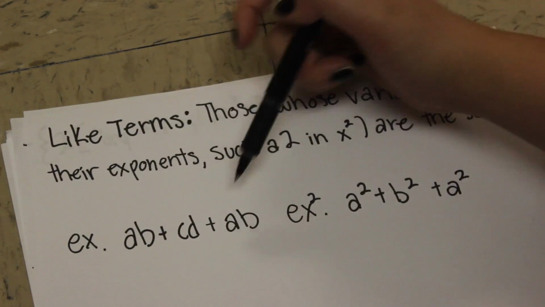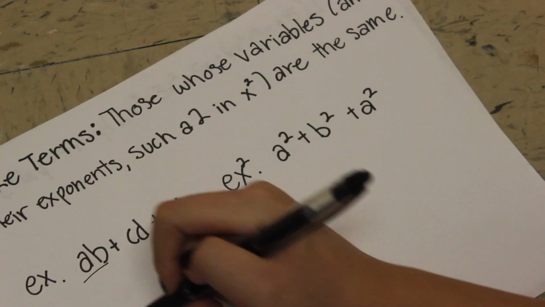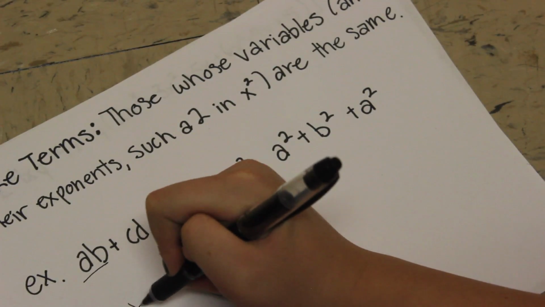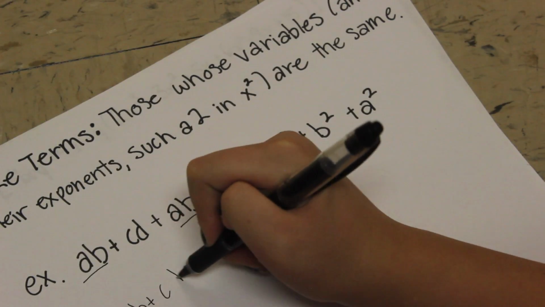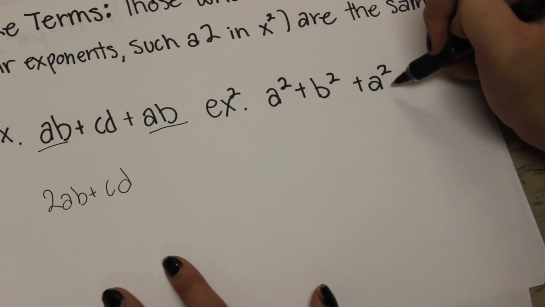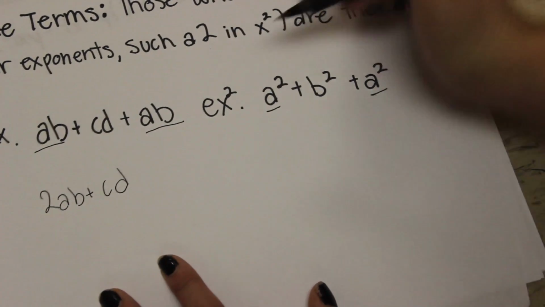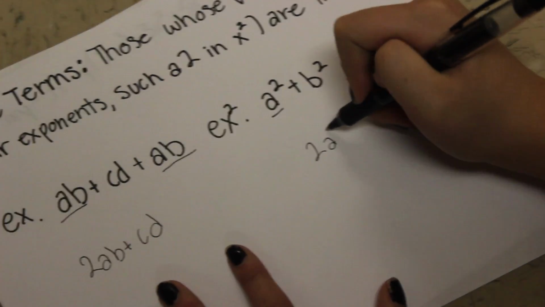So we would take AB and AB because they're the same and get 2AB plus CD. And since these exponents are the same, we would combine a squared and a squared to get 2a squared.